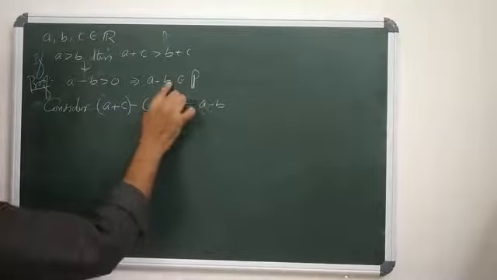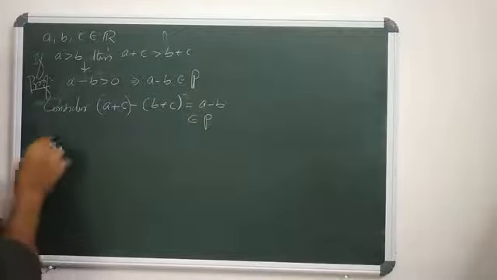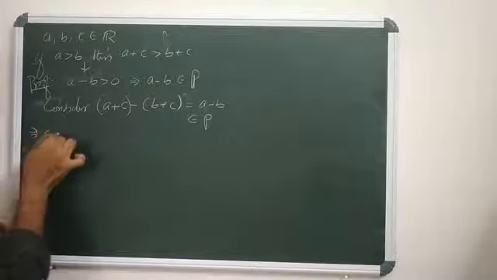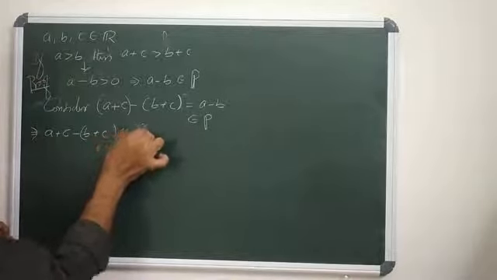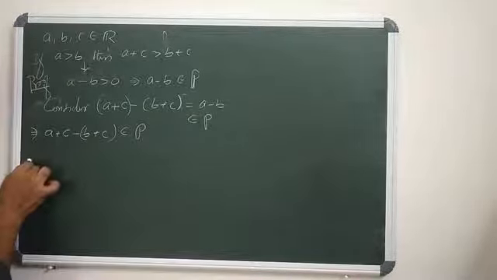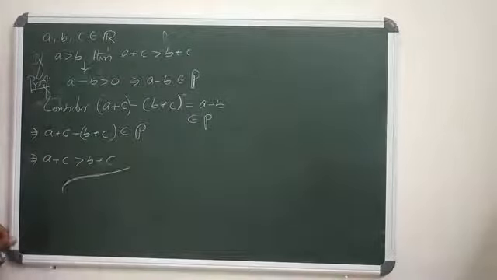But we know that A minus B falls in P. That means you can conclude that A plus C minus B plus C falls in P. That means A plus C is greater than B plus C. So this is the requirement. When A is greater than B, for any real number C, then A plus C is greater than B plus C.